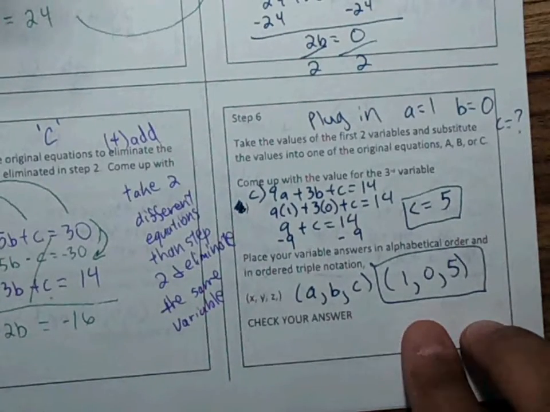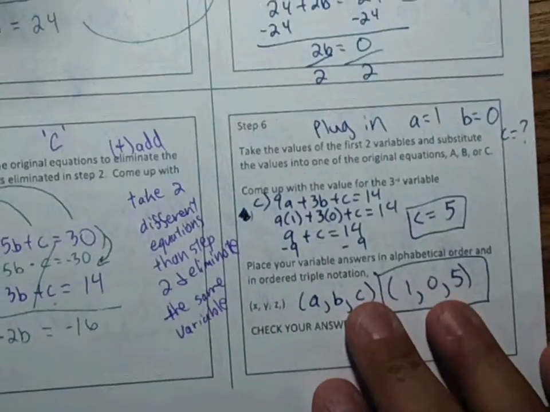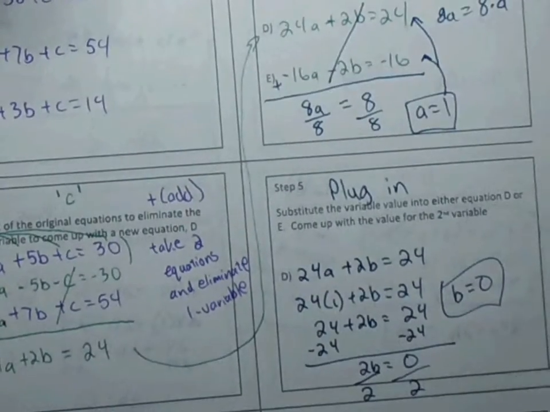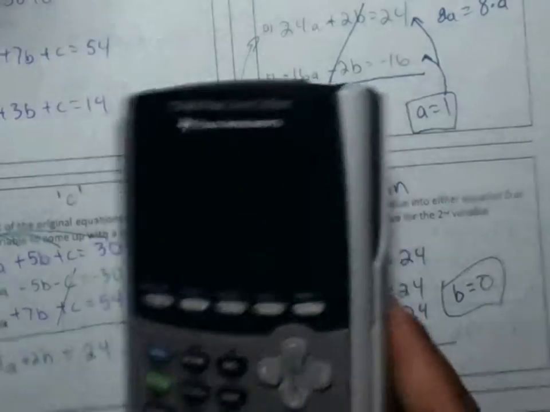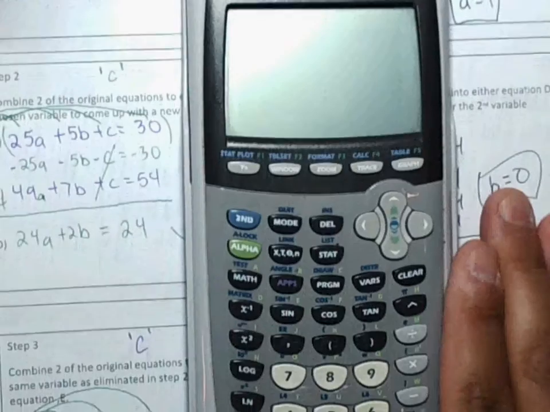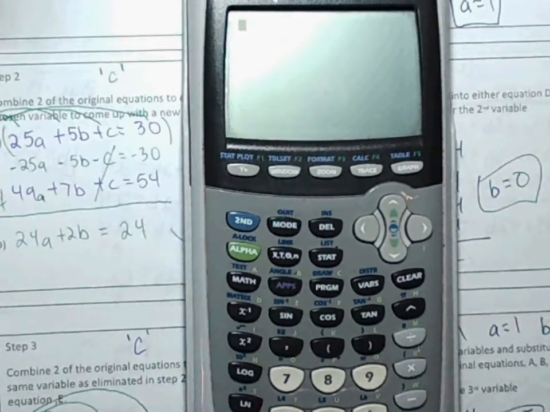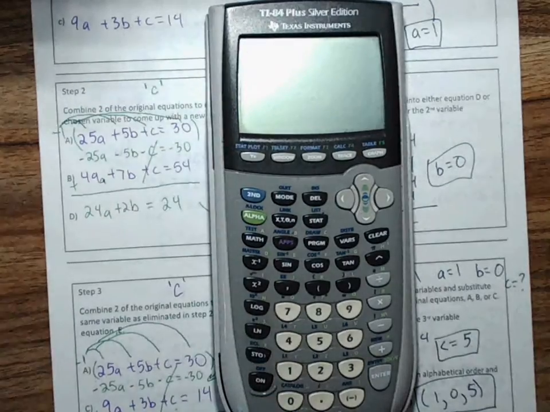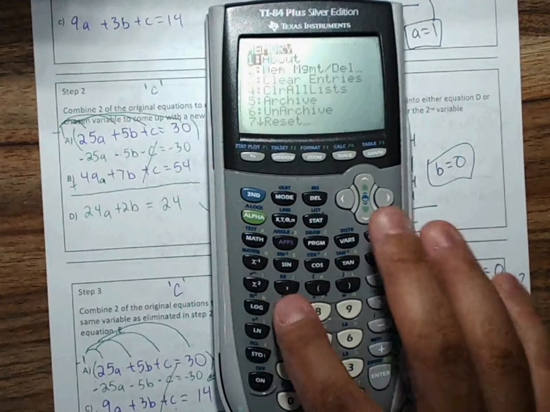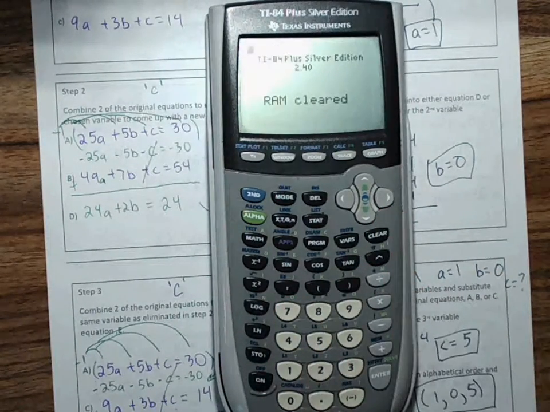Now, we know our solutions are 1, 0, and 5. Now, let's test whether or not this whole system of using a calculator will work. The first thing I need you all to do on your calculator is reset the memory so that we can start from scratch. So push second, the plus symbol, and then 712, and you should see where it says RAM cleared.